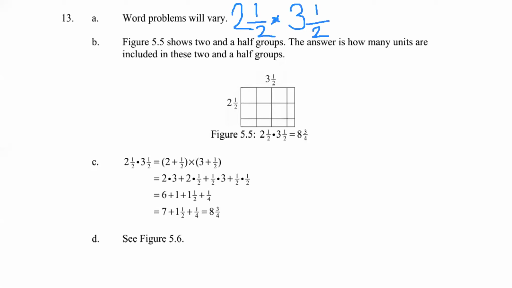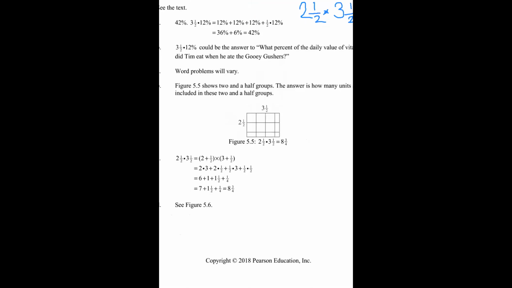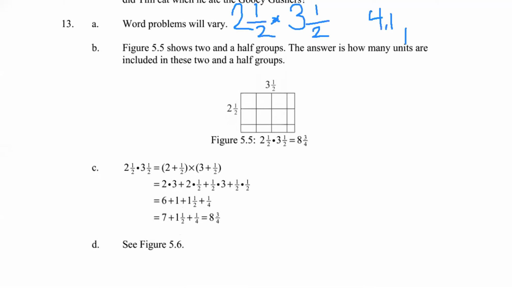What they need for us to do is to go back and look at the definition of multiplication. So if you look at section 4.1 on page 143, you'll see that we're told that the first number is the multiplier and it's the number of groups.